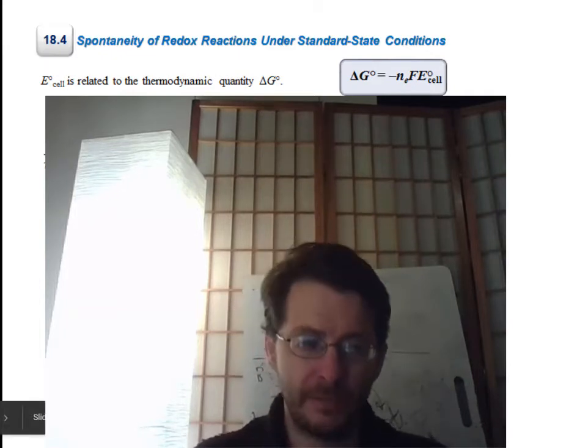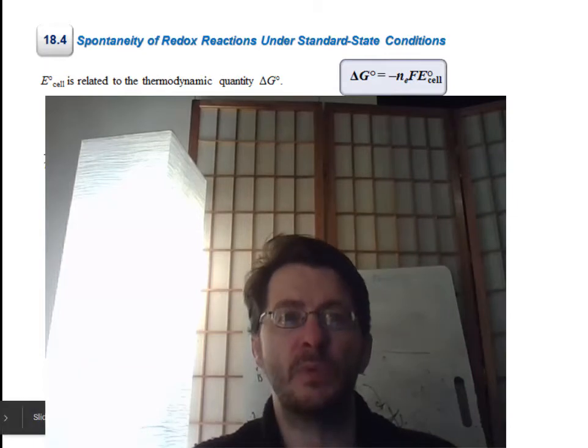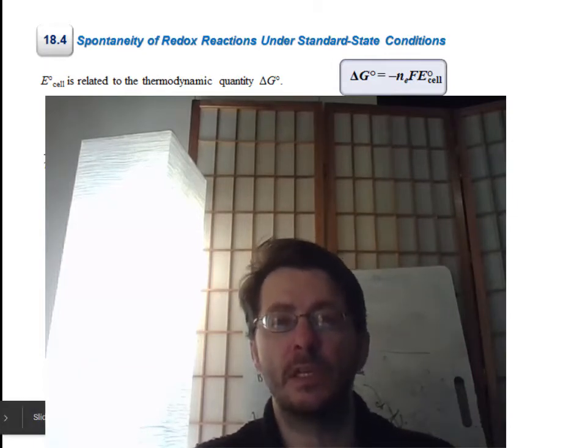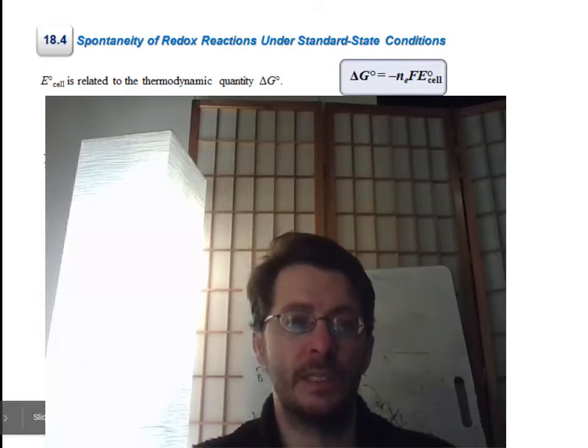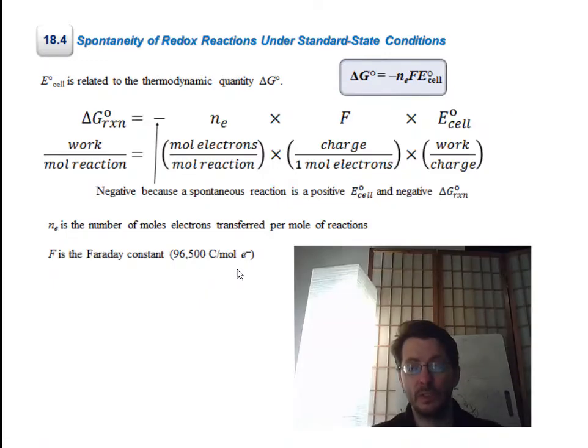When we balance our half reactions, we can use our number of electrons and Faraday's constant, which is 96,500 coulombs per mole, which is joules per volt. The coulombs allow us to do this conversion, and out comes the unit of joules for our delta G. So knowing the cell potential, we know the delta G for the reaction.